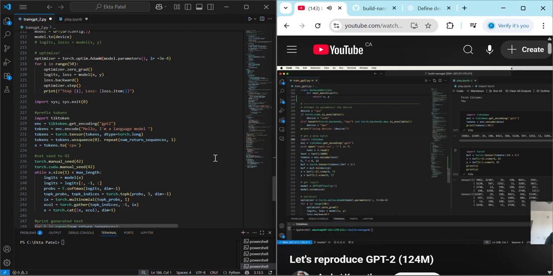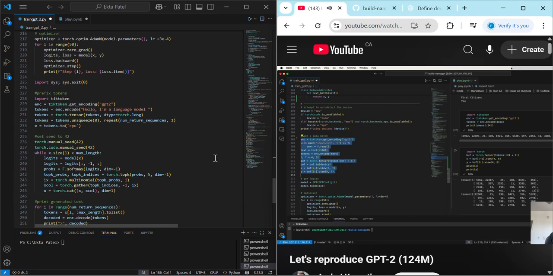So the import tiktoken has moved up, and actually all of this is now useless.